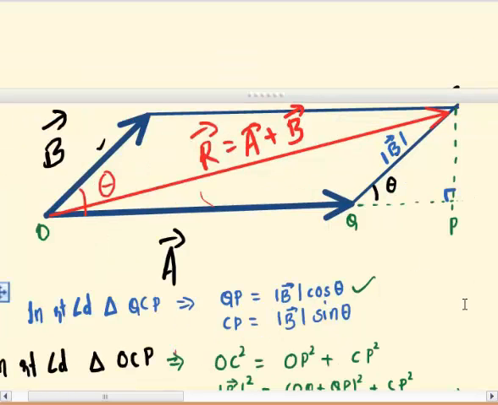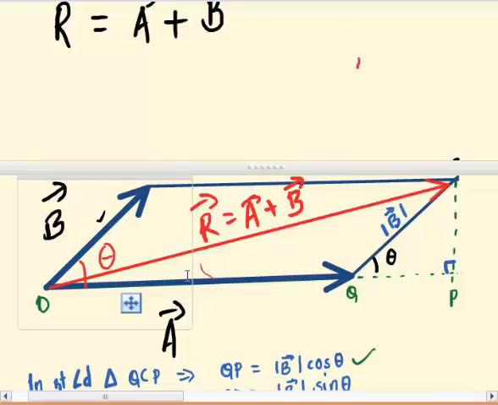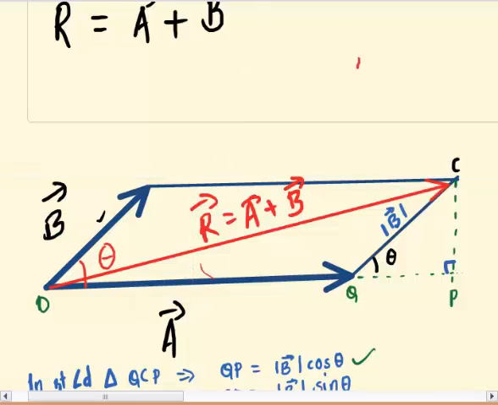So the direction of this vector will be given with respect to A vector. If A vector is well defined, we can give the direction of R vector with respect to A. Let's call this angle alpha.